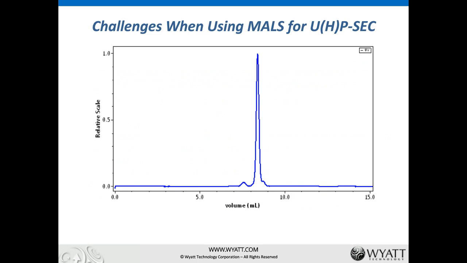When we first used our MALS detector on the UHPLC system, we encountered some challenges. A typical SEC peak volume is above 400 microliter, like in this case, 440 microliter.